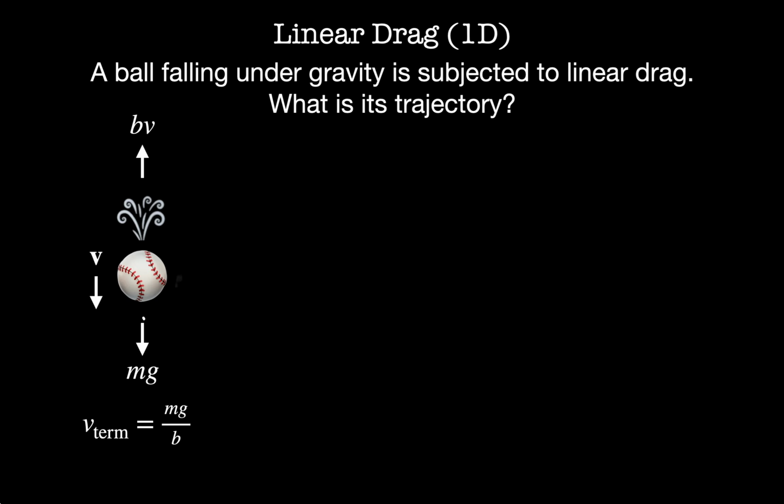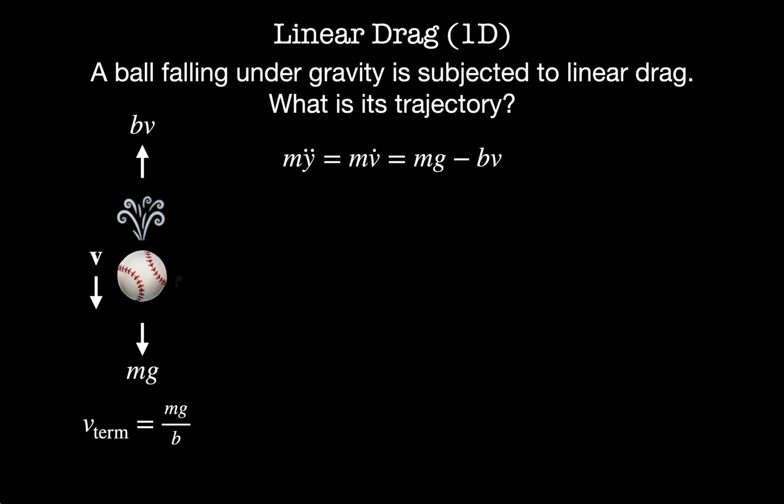So I've got a gravitational force pointed downwards and a drag force opposing the motion of the velocity. And if I were to balance the gravitational and drag forces, I end up with a terminal velocity. So this is just mg divided by this coefficient b.